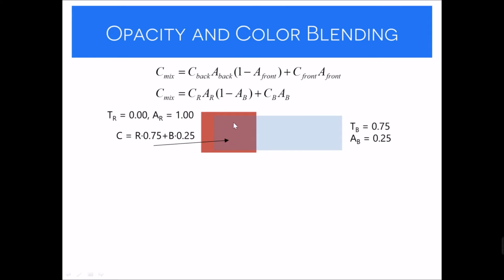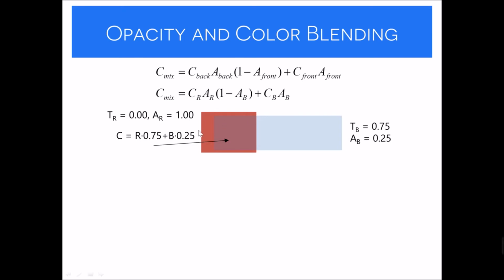computed by taking the red times the opacity of red, times 1 minus the alpha of the blue, which is 1 minus 0.25, which is 0.75.